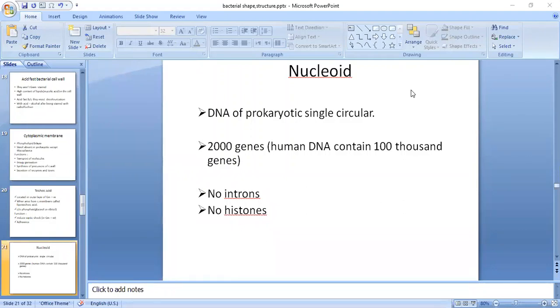They have no cytoplasmic organelles bound by membranes, and they have no true nucleus. The nucleoid does not have the introns and the histones. These are present in the DNA of human beings. They are absent in the nucleoid of the bacteria and the prokaryotic cells.